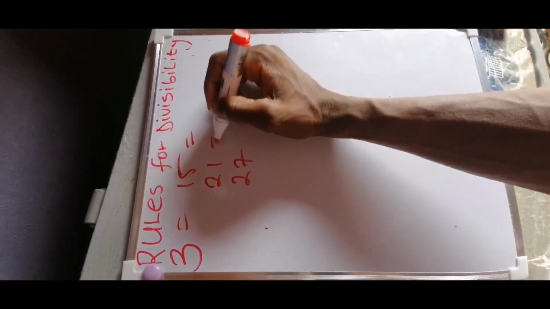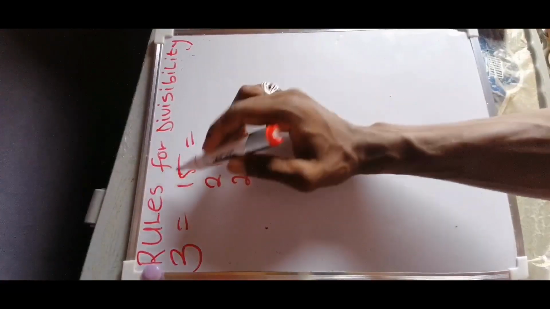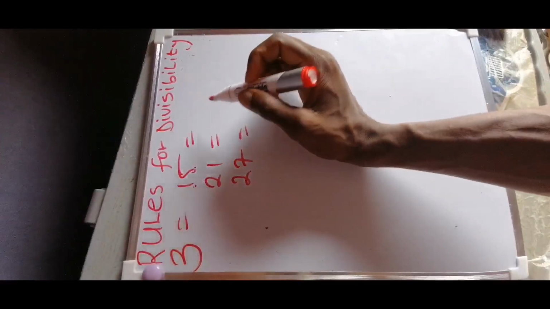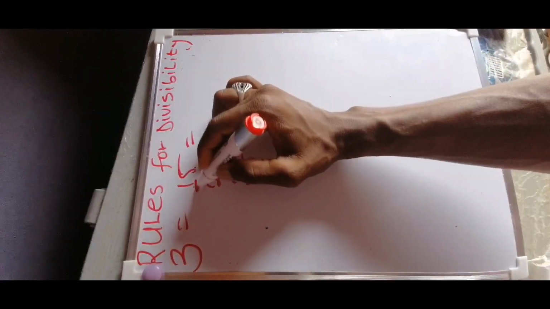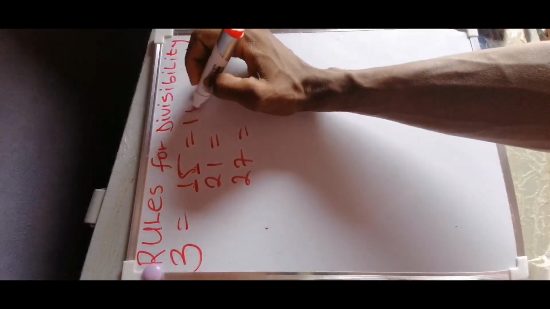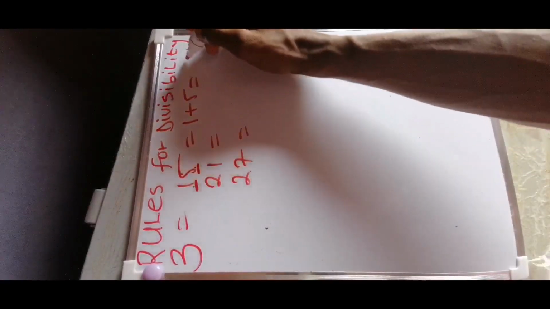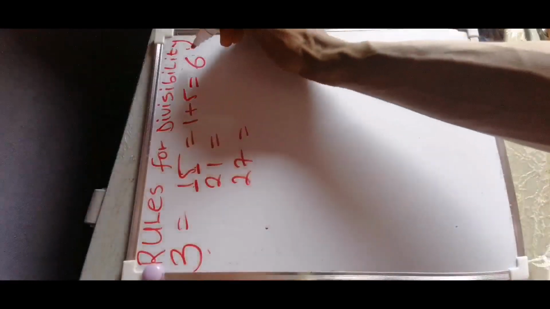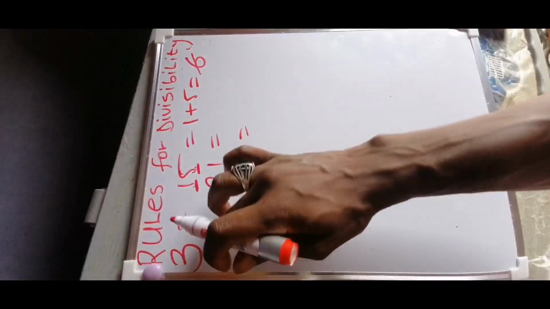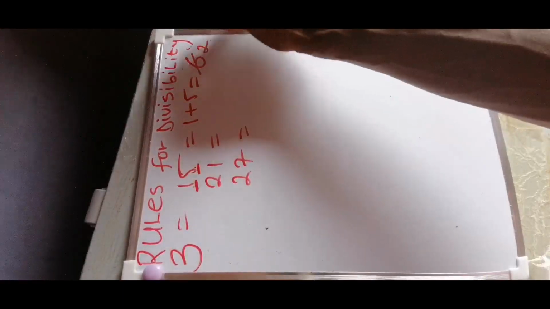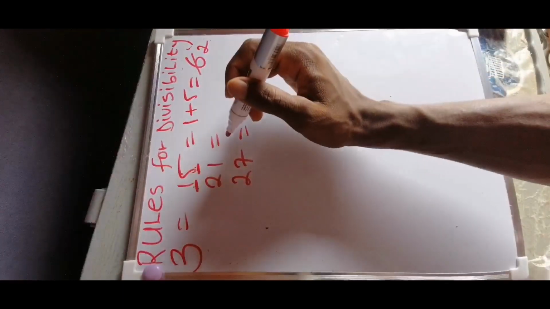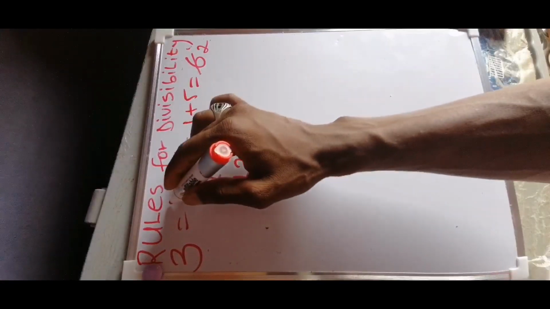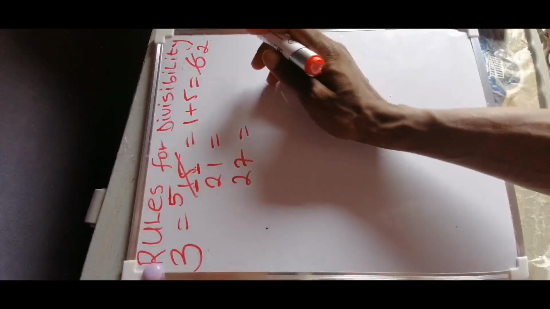So here we have 1 and 5. 1 plus 5 equals 6. So definitely 3 can be divisible by 6. So 3 will enter 6 2 times, so 3 will go into 15 5 times.